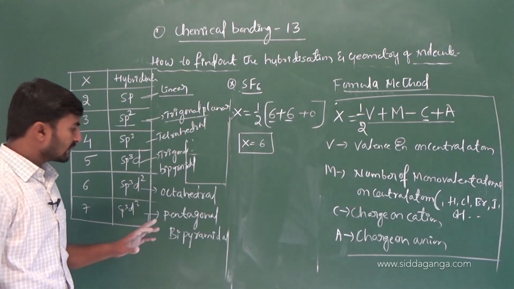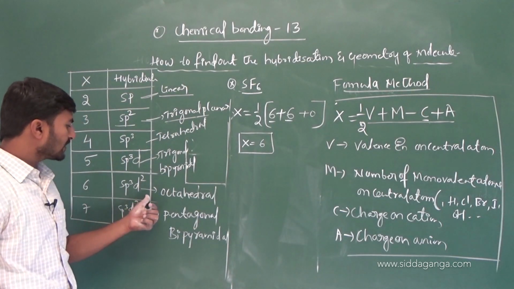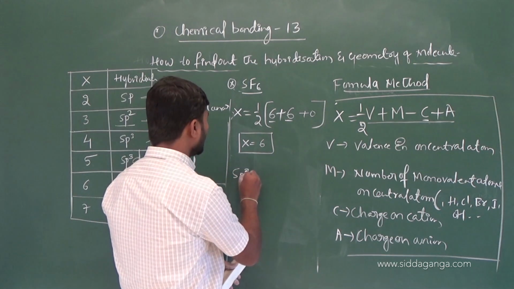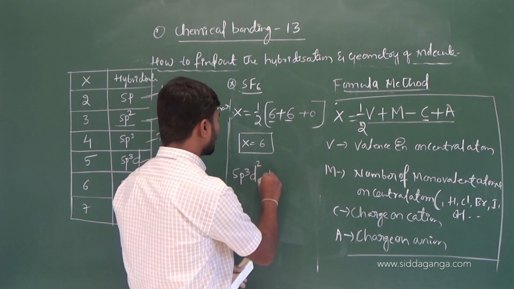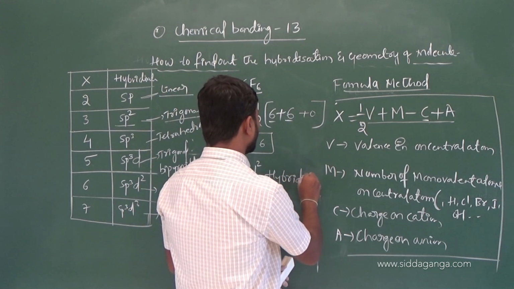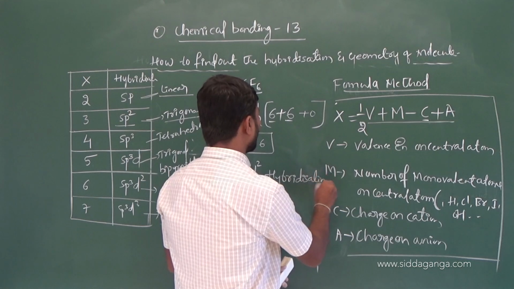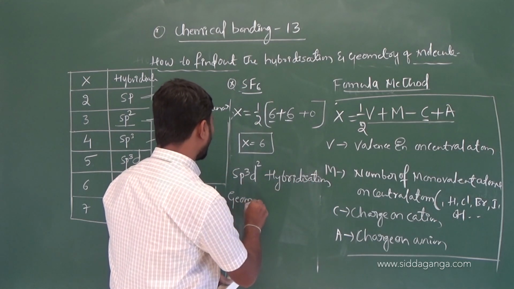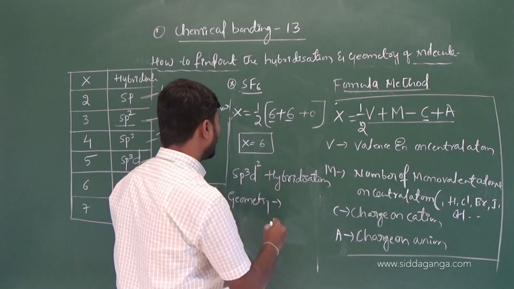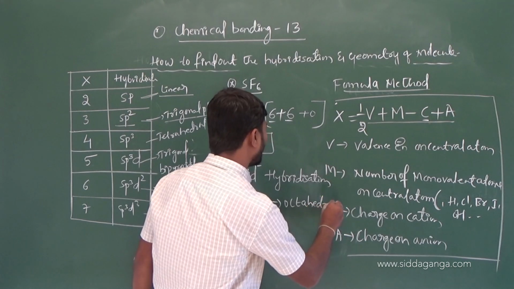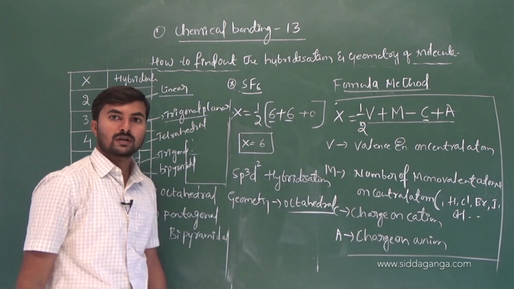If the value of x becomes 6, then which type of hybridization does it belong to? It can exhibit sp3d2 hybridization with which type of geometry? The geometry of the molecule will be octahedral geometry. Octahedral geometry.